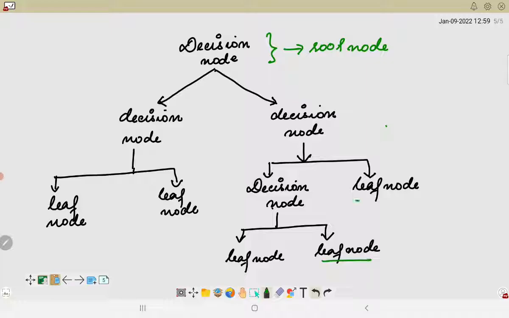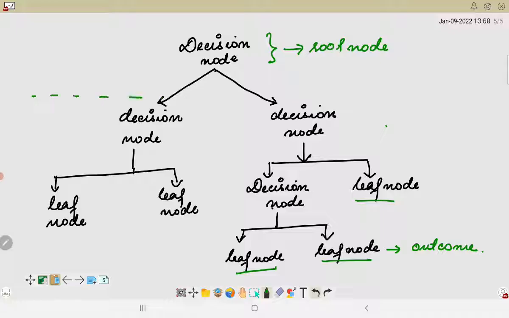All of these are the outcomes or the leaf nodes. So these are basically the classes. A decision tree will simply ask a question, and based on the answer, yes or no, it further splits the tree into subtrees. Okay, so what is a subtree?